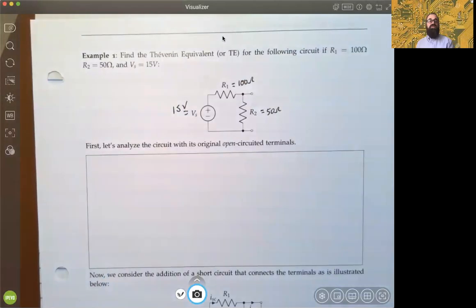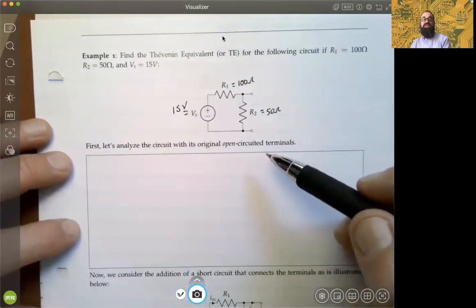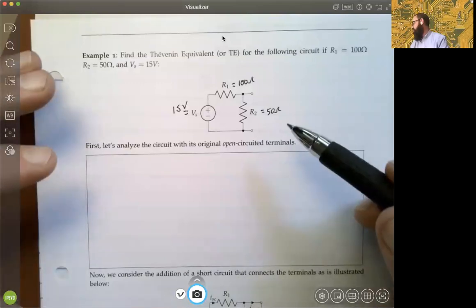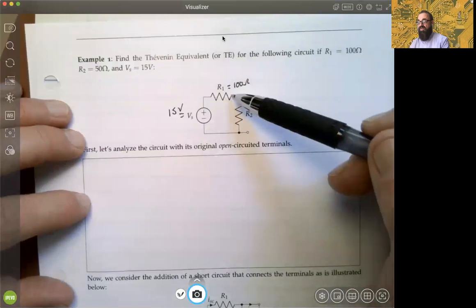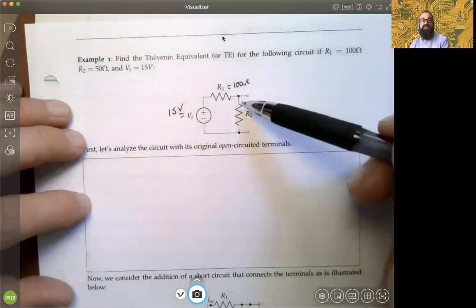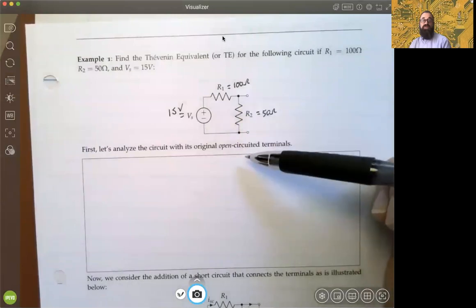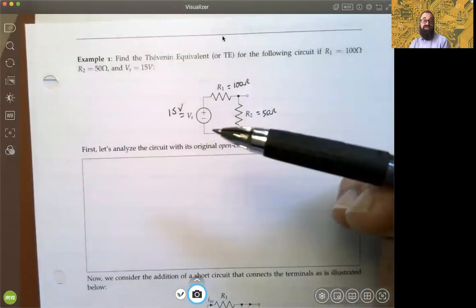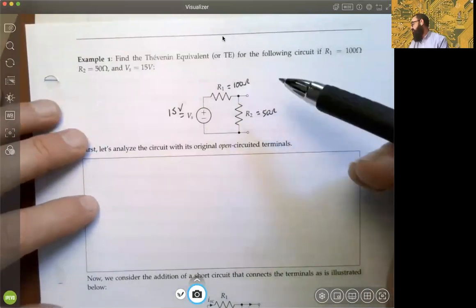So what we'll do first of all is analyze the circuit with its original open circuit terminals. In other words, we're looking at what we can say about the resistances or the loads, summarizing from the perspective of these two open terminals. In other words, looking to the left, so to speak.